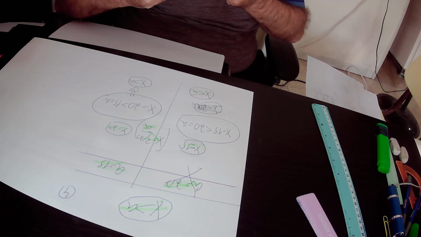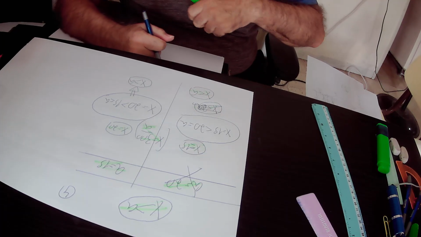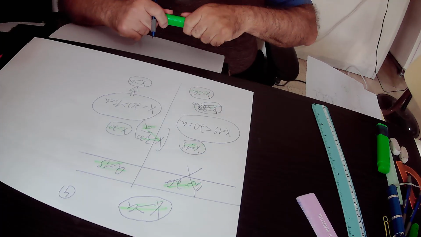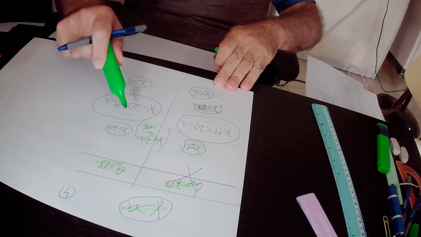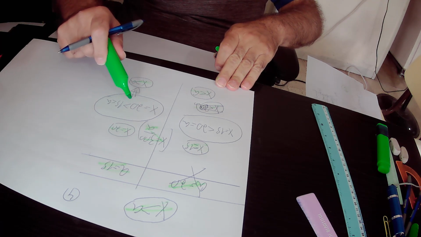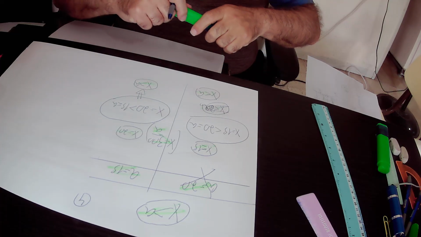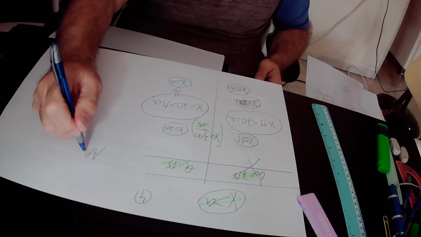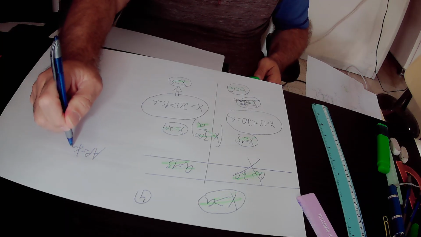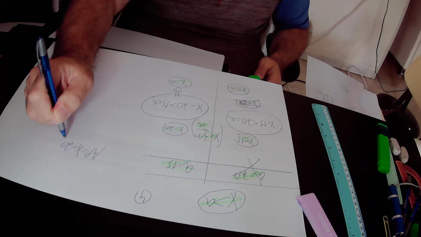It doesn't contain this contradiction, and therefore that is the correct answer to the question, that a equals 15 and x equals 20. So the length of line segment AP is equal to x, which is 20 units in its length.